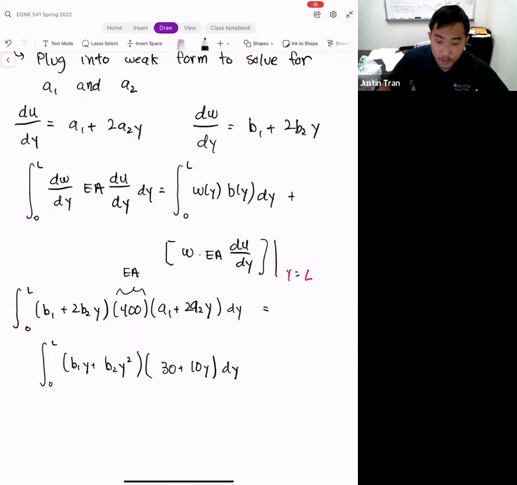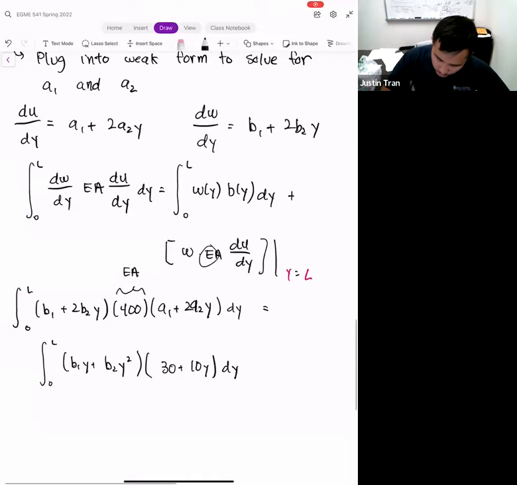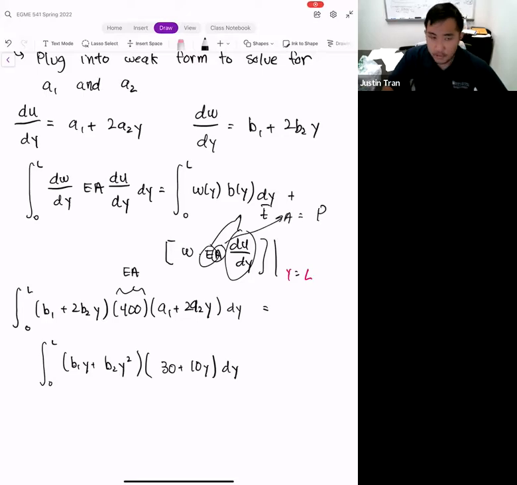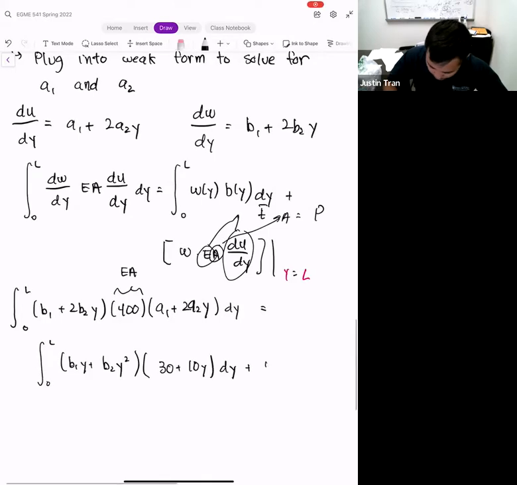And finally, we have the Neumann boundary condition. These two combined are equal to t bar. If we multiply A by t bar, that's actually going to give us P. And so we plug into all of that, that's going to be w of L times, should be a negative P, I believe, or positive P, excuse me.